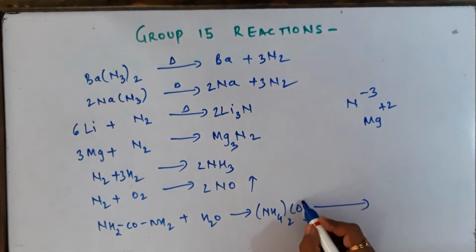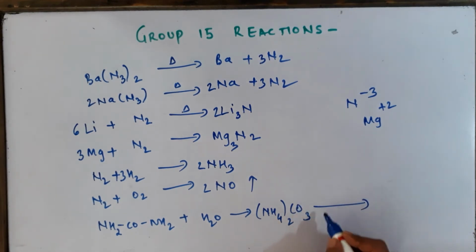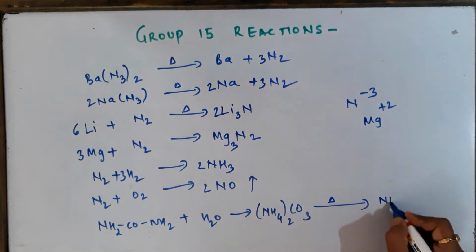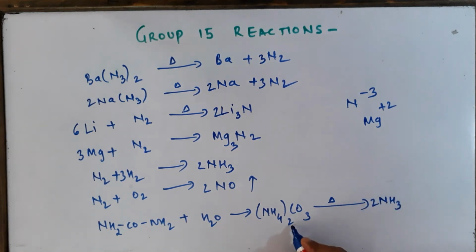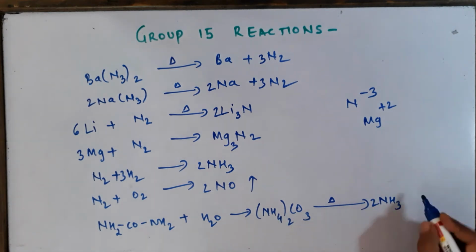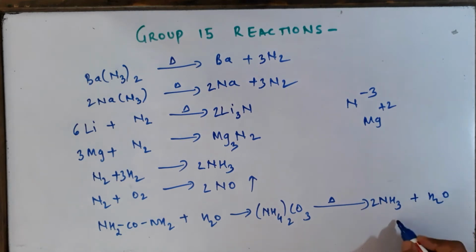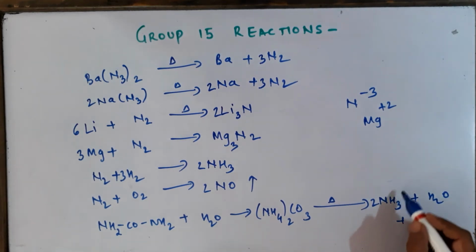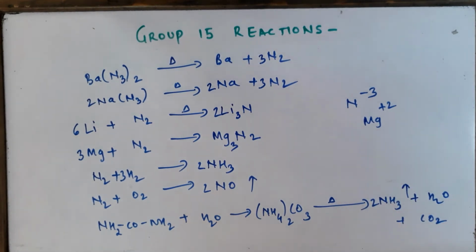And what happens to (NH4)2CO3 on decomposition, you know, it will give you ammonia gas. 2 times you can see here, 2 NH4. So 2 ammonia plus 2H has come out from here, 1 oxygen from here. So H2O plus carbon dioxide. This was very simple. So this is the reaction of preparation of ammonia, and naturally how is it made? From excretory products. Let us see some more reactions.